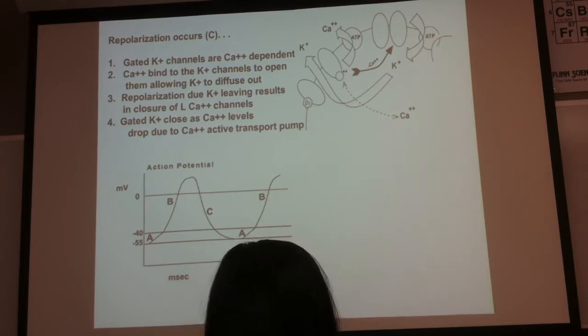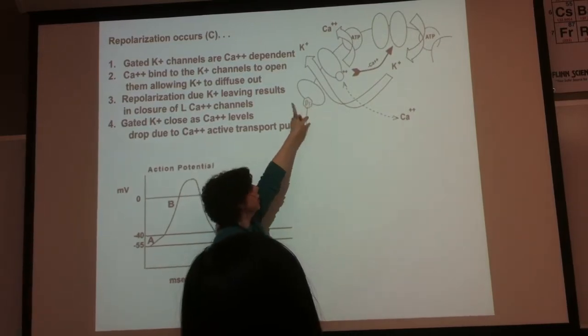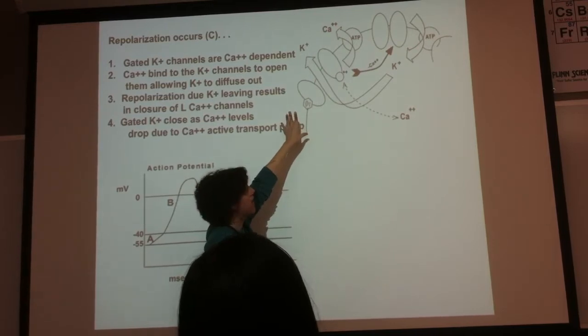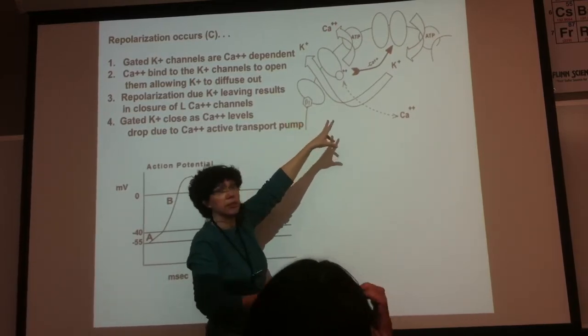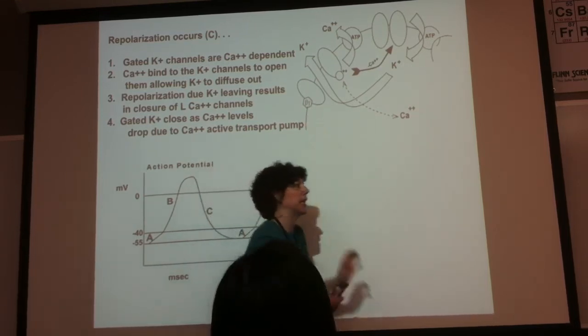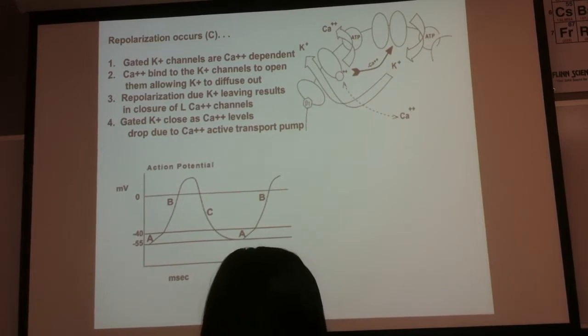Similar to our muscle contraction, except it was sodium and potassium. And now it's calcium and potassium. We no longer gain the positive calcium ions, and we're losing the positive potassium ions, so we see repolarization.